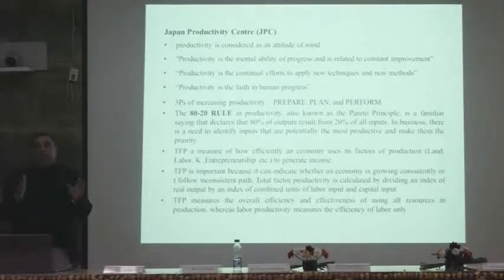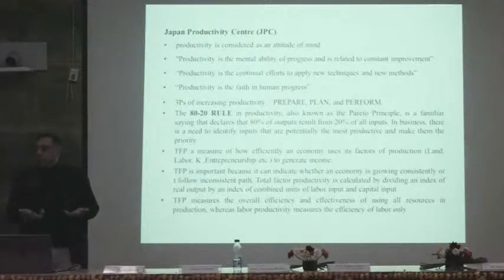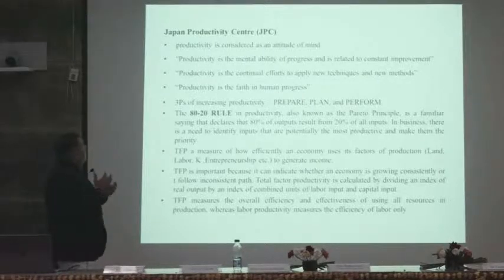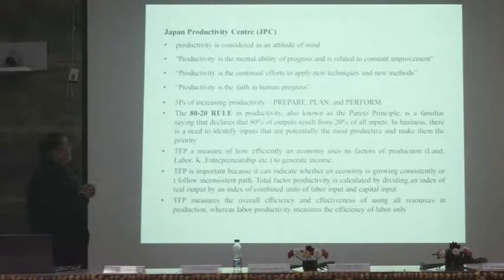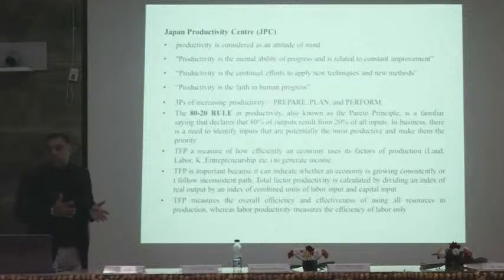It is not just focusing on machines and technology. It is also our attitude, whether we are taking it seriously or not. They define productivity as continuous effort in every method and every technique, and they use productivity as a faith in human progress.